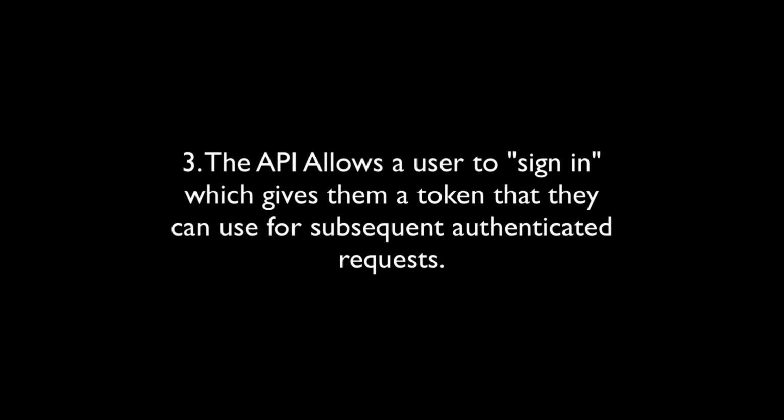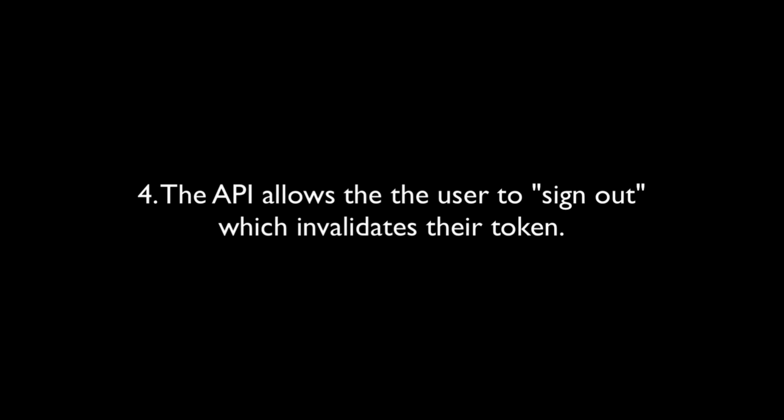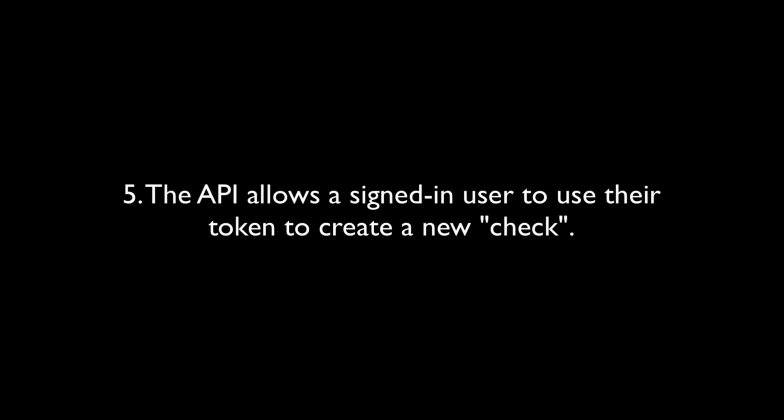If they want to do something that requires being logged in, they're going to need to provide that token that they got when they signed in the first time. Number 4, we want that same user to be able to sign out, and we want their token to be invalidated, or we want them to be able to invalidate their token when they sign out. Number 5, we want a signed-in user to be able to use that token to create a new check.